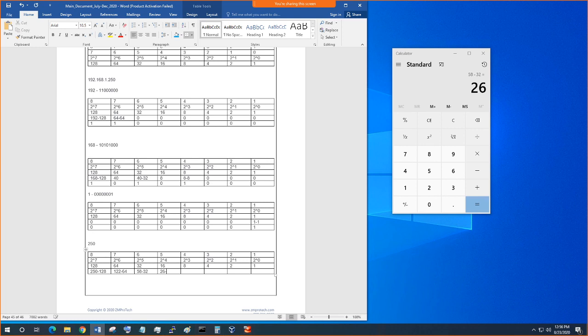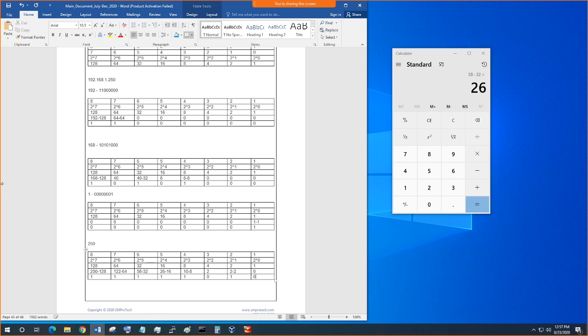Okay, 26 minus 16 is 10. Minus 8 is 2. Okay, we can do that. So now 2 minus 2 is 0 here. Okay, so our number here is 1, 1, 1, 1, 1, 0, 1, 0.